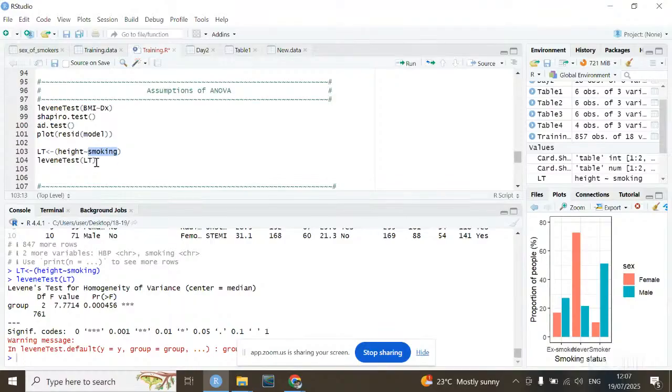Then the next test is the Shapiro test, which is for normality, testing for normality. Let me remove this. Levene's test, let me put the comments because I know I'm going to share this.